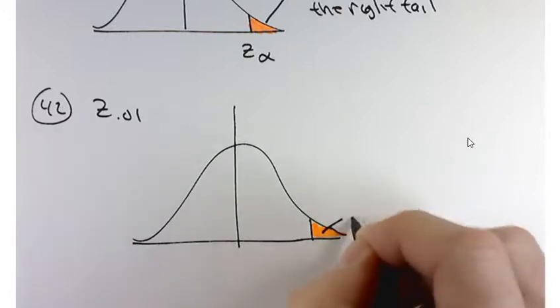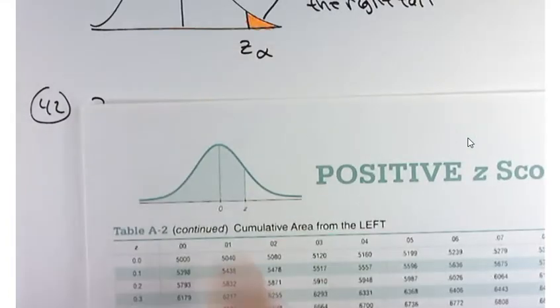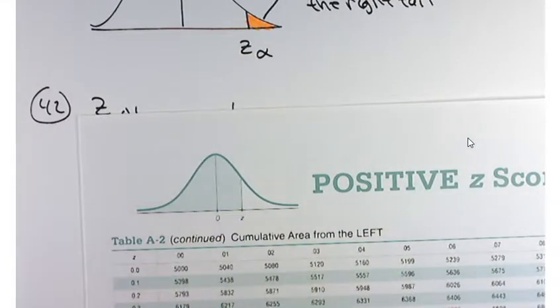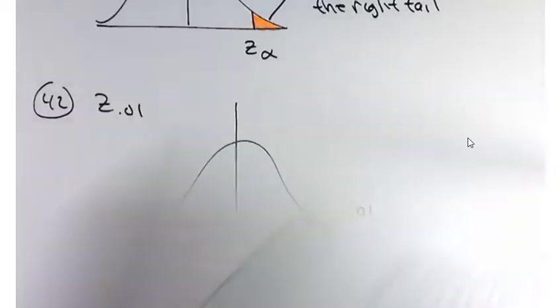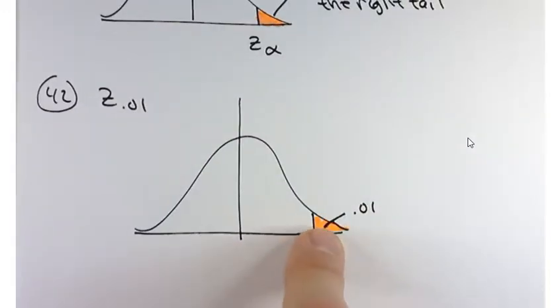So that number is 0.01. But when you look at your charts for the standard normal curve, that's not how they work, is it? The standard normal table tells you the area to the left of something. So that's why we're going to have to understand and look things up using the area to the left. Now, if there's 1% of the area in the right tail, how much does that leave in the left tail?